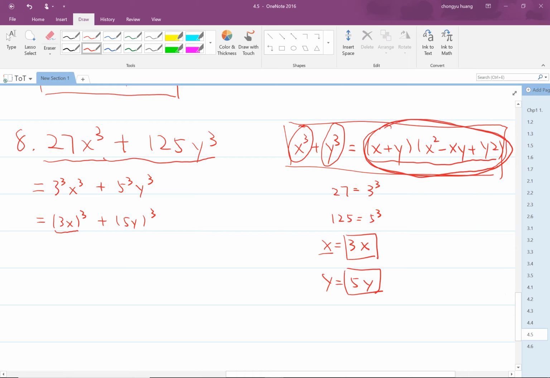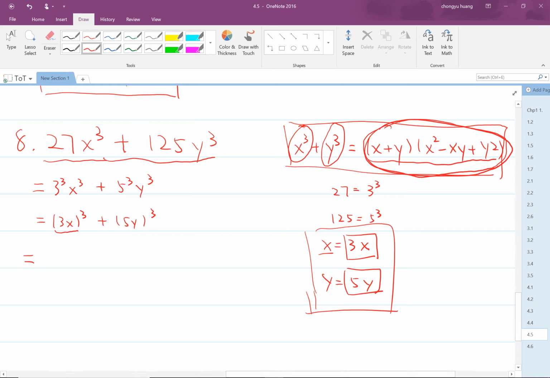That's the reason I'm factoring and putting things into brackets first, because you have to find the right x and y. So the step over here is that we have to use 3x and 5y in order to get the right answer for this question.